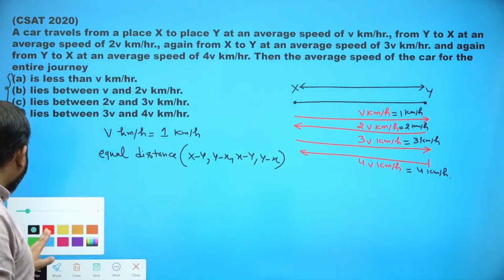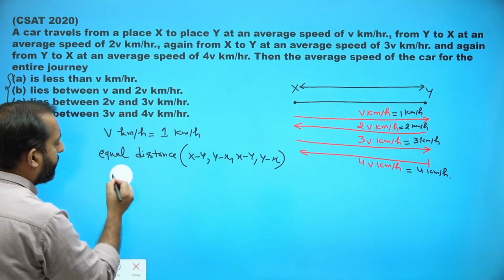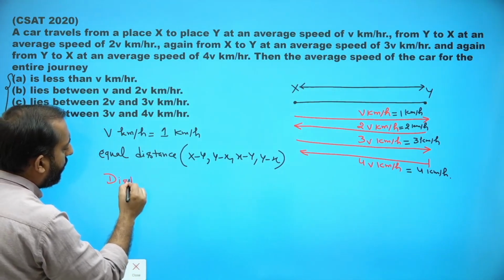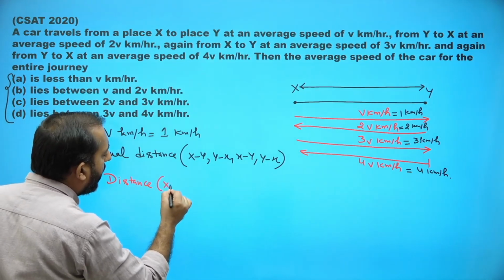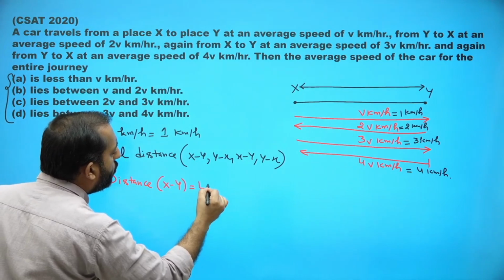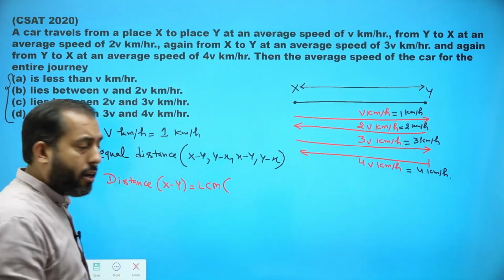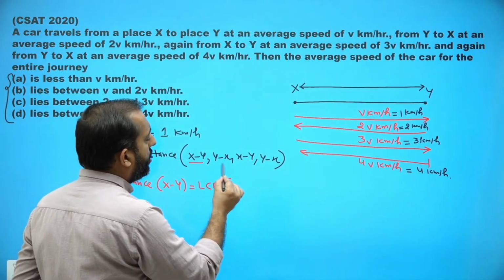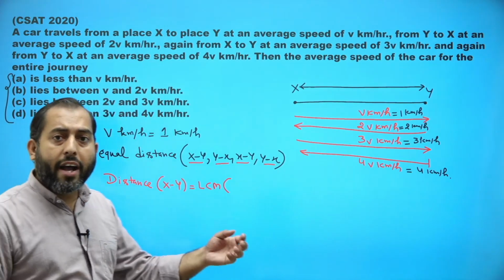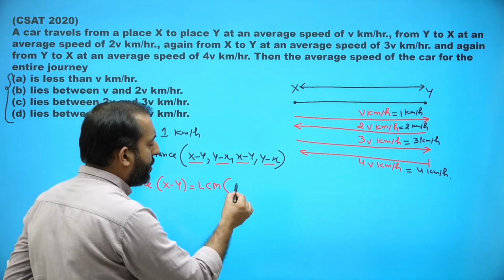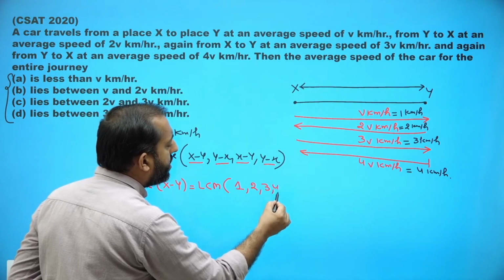So in this scenario, assume the distance between X and Y to be equal to the LCM of the different speeds at which this distance has been covered. The distance between X and Y has been covered at a speed of 1 km, then 2 km, then 3 km, then 4 km.